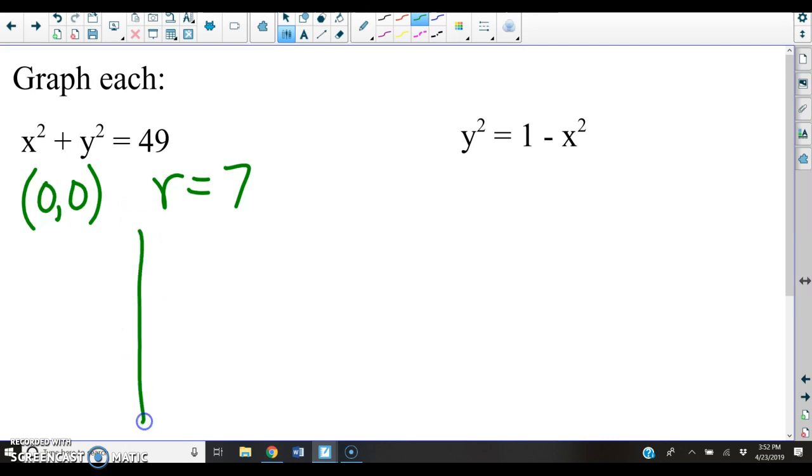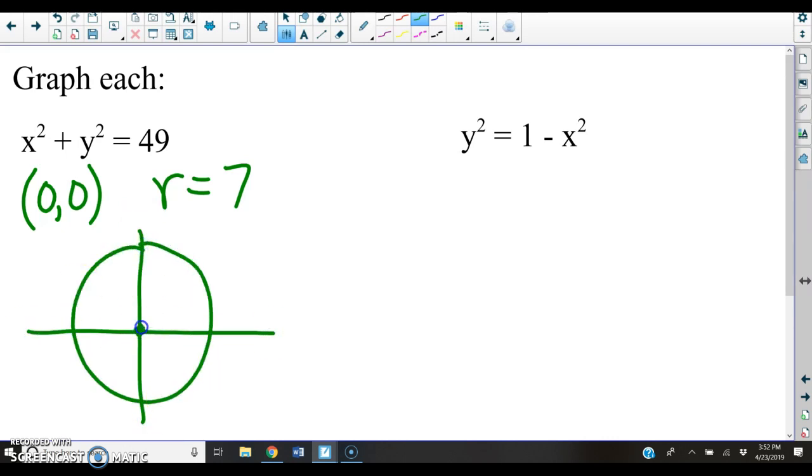So if you're asked to graph this, you just have the center 0, 0, and your radius equals 7. So this point would be 7, 0. This would be 0, 7, and so on. You could go around the circle and graph or label the points at the top, bottom, left, and right.